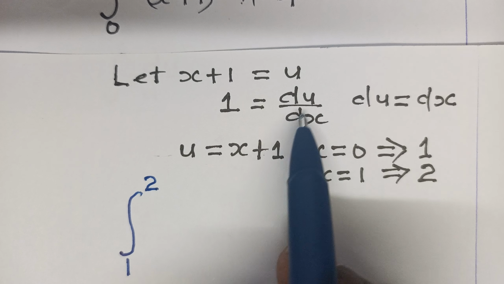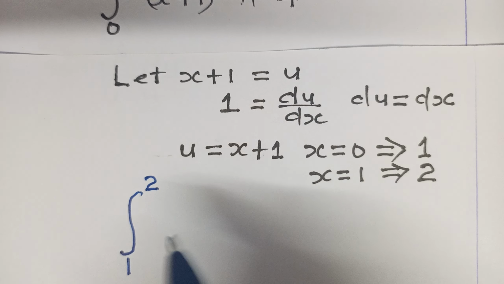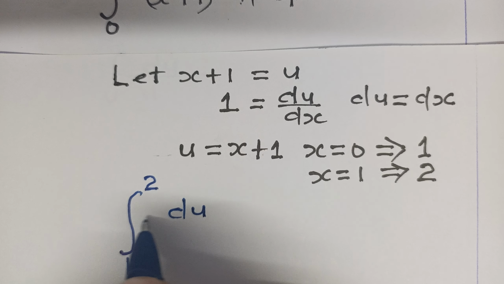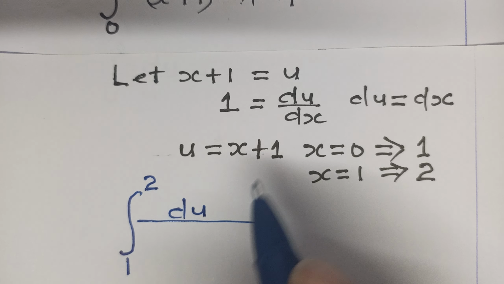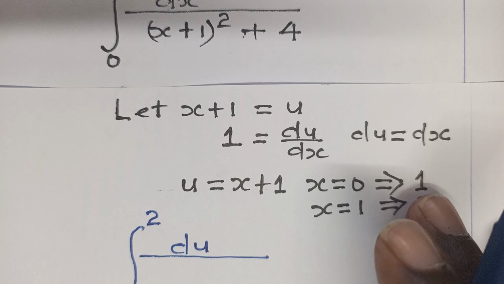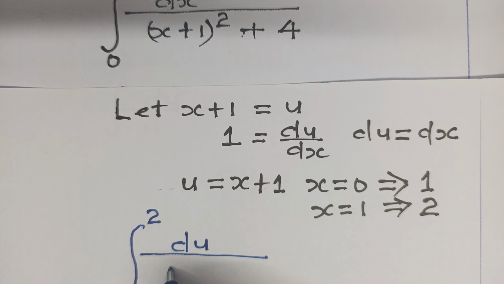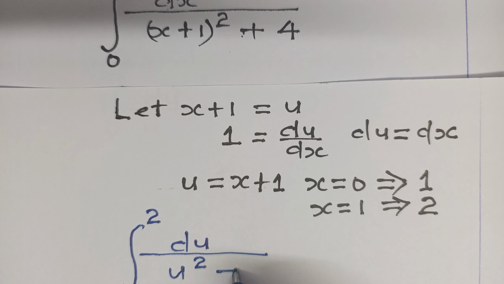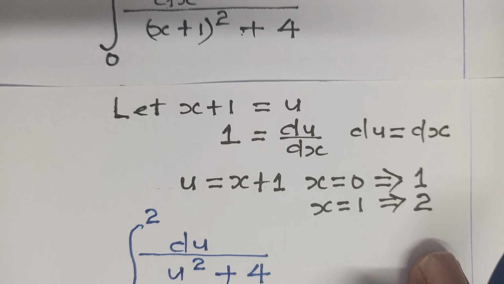And then instead of dx, we write du. We replace dx with du, all over x plus 1 squared, which we replace with u squared, and then plus 4. So this is our new integral.